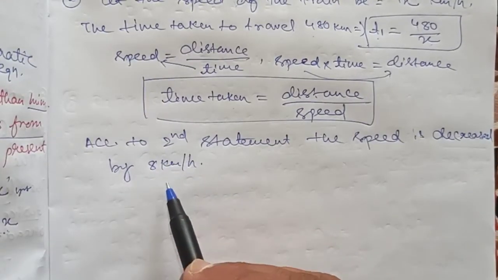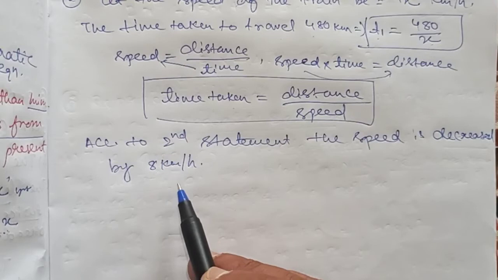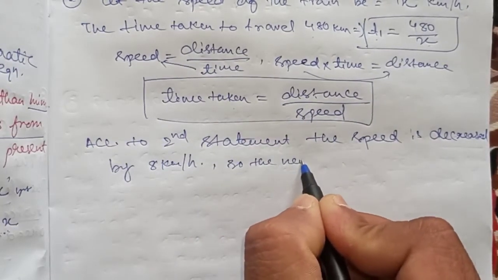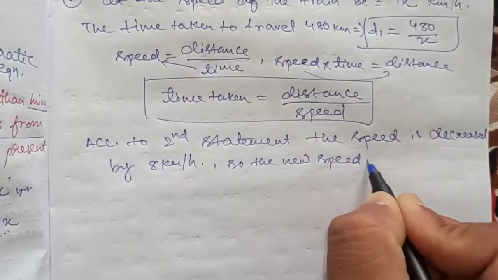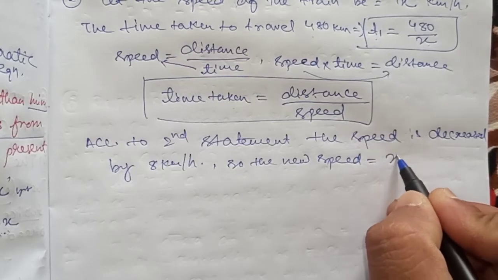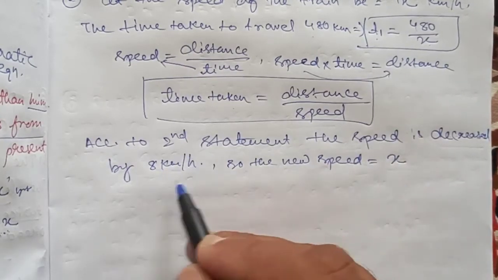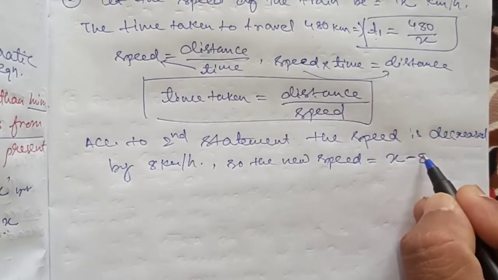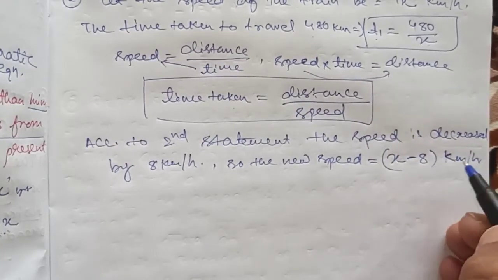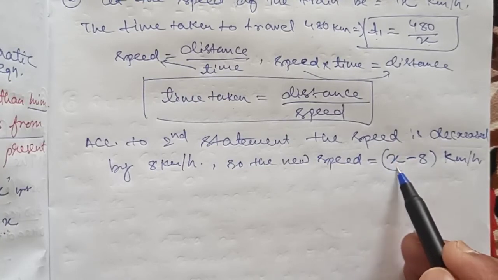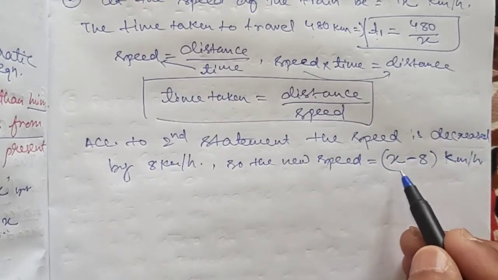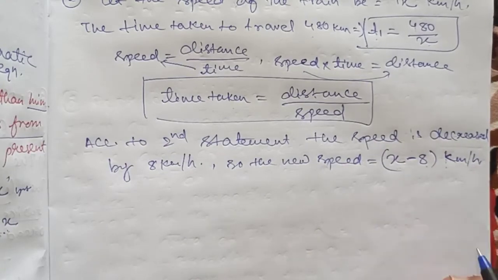In the question it is given that if the speed decreases by 8 km per hour, the new speed will be what? The uniform speed is x km per hour and the speed is decreased by 8 km per hour. So x minus 8 km per hour will be the new speed.